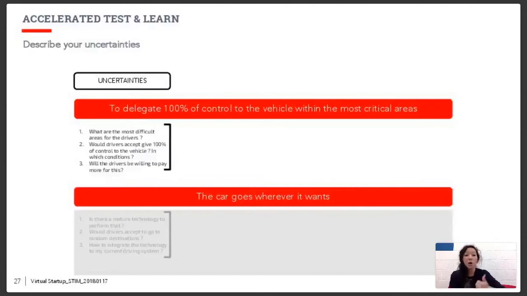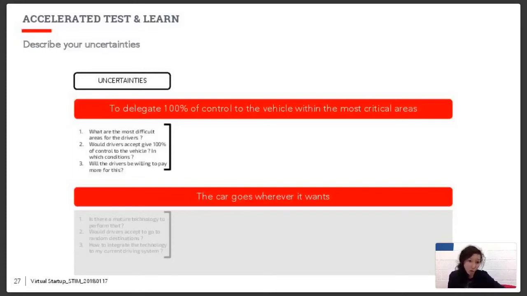For instance, we saw before that we have chosen two different uncertainties. First of all, do the drivers accept to delegate 100% of control of their vehicles? And the second one, the car decides to go wherever it wants. So let's just deal with the first one for the example of the webinar. If we are going to talk about the drivers who delegate 100% of their attention, we're trying to see what the most critical questions to deal with are.